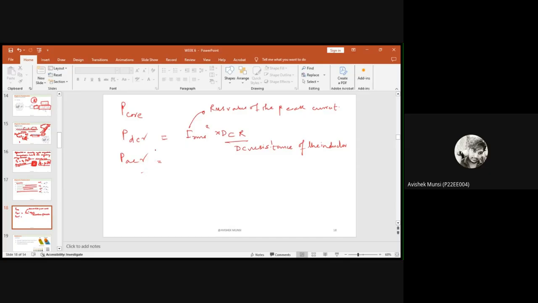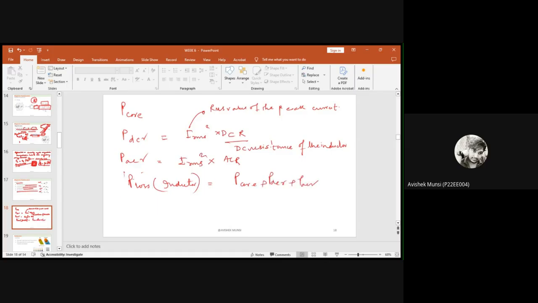So it will be difficult, but if you have the value of that AC resistance, you can calculate it similarly as before: I RMS square into the AC resistance of the inductor. So, as a conclusion, we can say that the total loss in case of an inductor is basically the sum of all three losses.